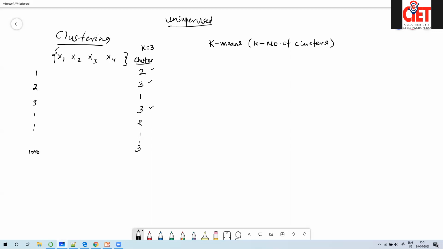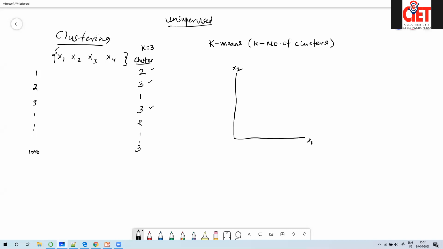So what happens in a k-means algorithm? Let's say we have x1 and x2. Both are input variables. In this case, there is no target variable. So we are just trying to represent them in the form of x1 and x2.